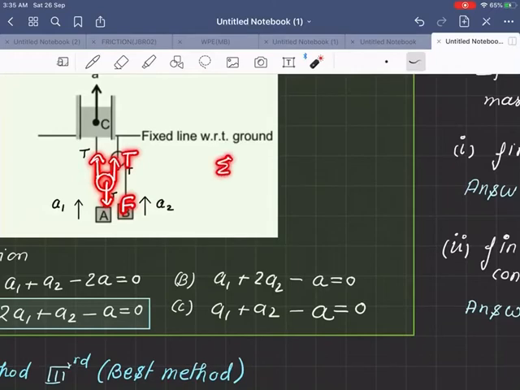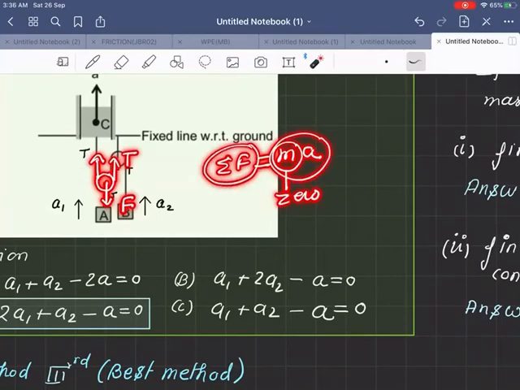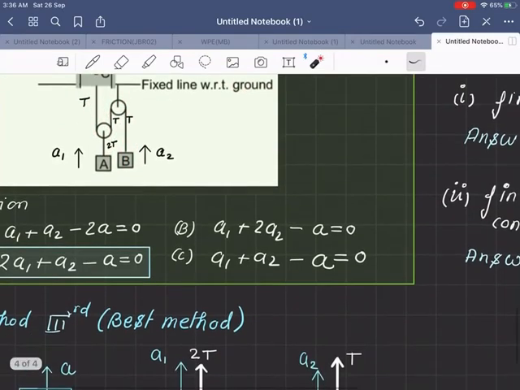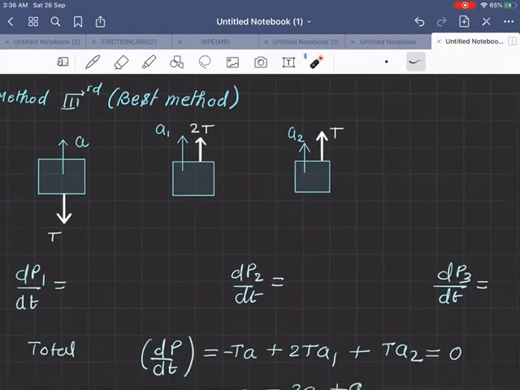So we know the summation of all the forces on any body is going to be mass times acceleration. Now the mass of the pulley is 0, which means the entire thing is 0, which means the summation of force is 0, which means this F force is cancelling the tension 2T here, so you get F equals 2T, which I did here.